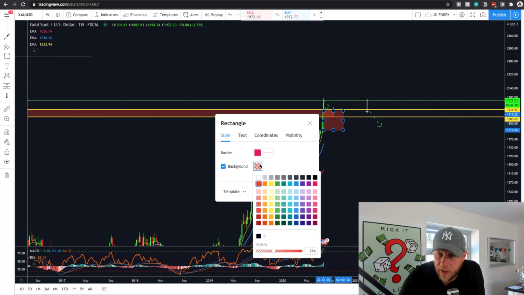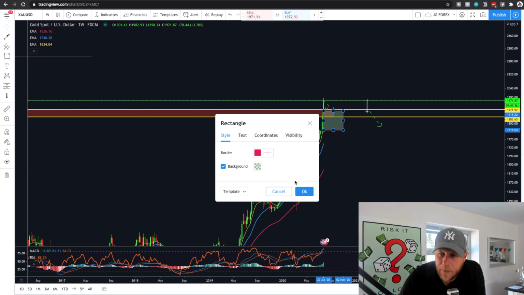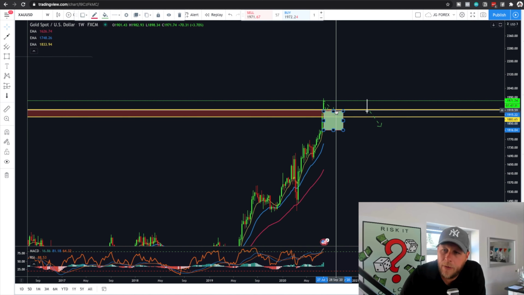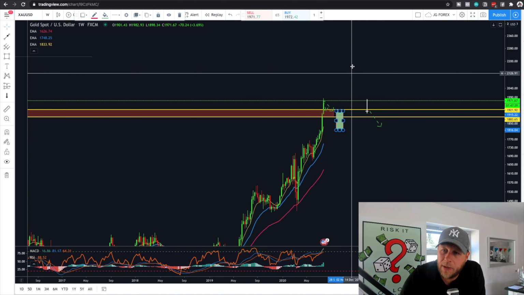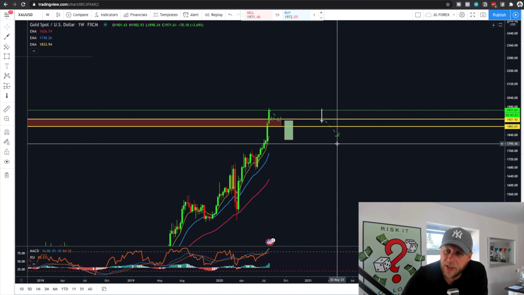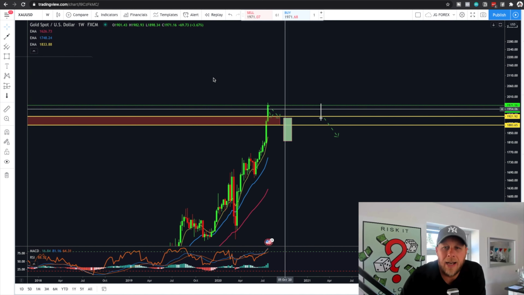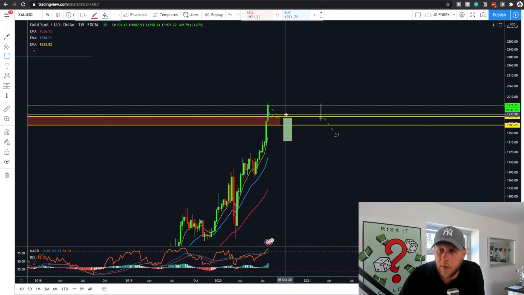So if we just color that in green and thicken that up a little bit, something like this, you're going to see again, if it was a long and we were going in the direction of the trend, I might have bigger targets, but for a rollover, a relief, I want to get in and out as quickly as possible, and I just need a 1-to-1 minimum, preferably a little bit more.